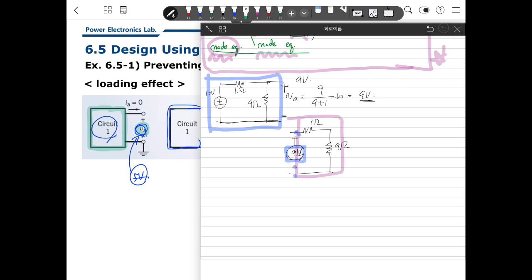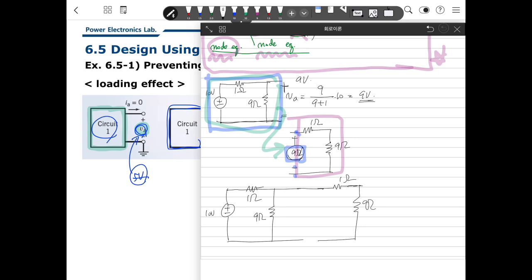To do that, I combine this circuit to here. So the circuit looks like this: 10 volts, circuit 1 is 1 ohm and 9 ohm, then circuit 2 is 1 ohm and 9 ohm. So we're adding here, then this will be another voltage VB.